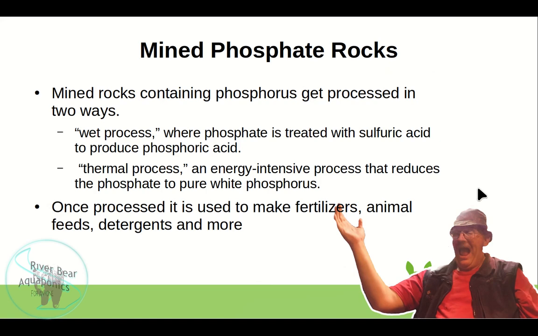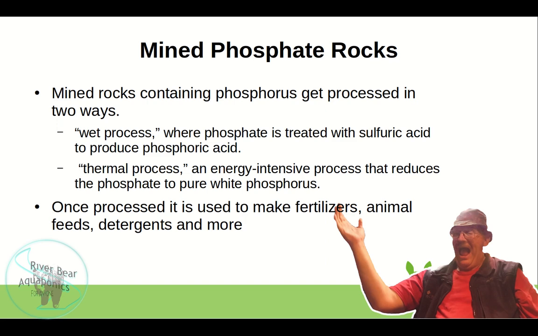Like I said earlier, humans discovered a long time ago that one of the limiting factors of land is the amount of phosphorus in that land. So we started mining rock containing phosphorus. It gets processed in two ways. The wet process, where phosphate is treated with sulfuric acid to produce phosphoric acid.